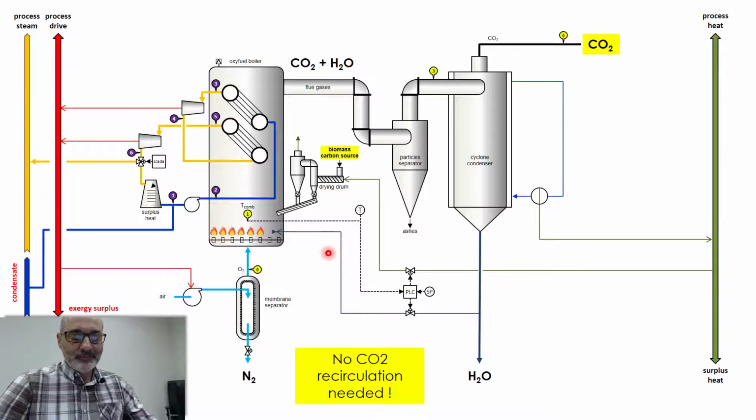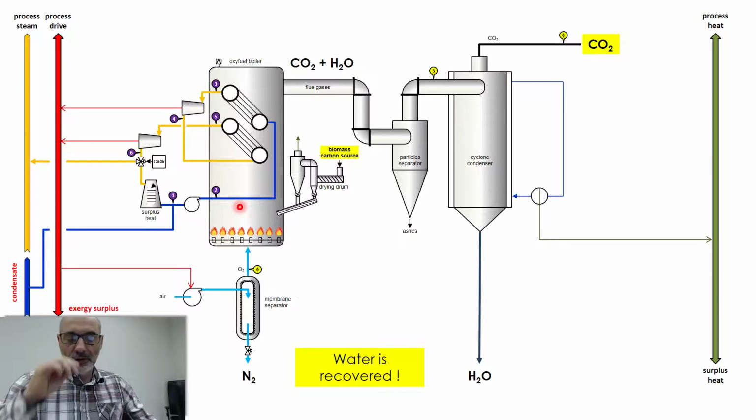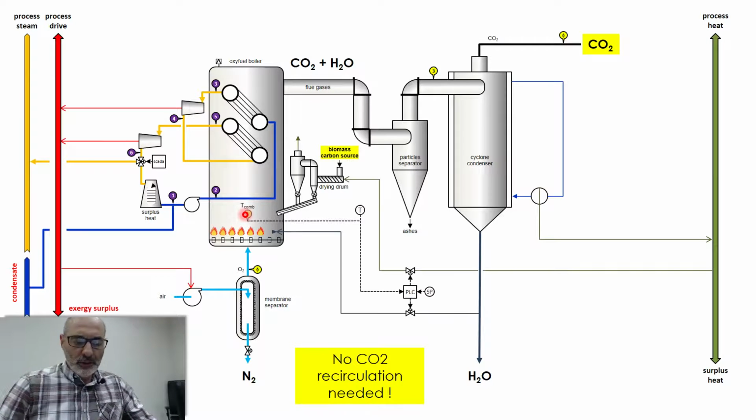So the idea is that by measuring the combustion temperature, let's say that your boiler needs 700 degrees. If you don't control the temperature, it's going to rise to 3,000 degrees. So you measure the actual temperature, and if it's above the set point, you inject water that you get from this recycled water, in order to control the combustion temperature.